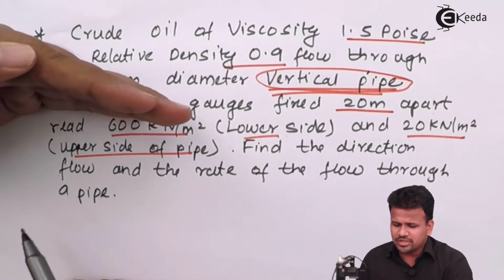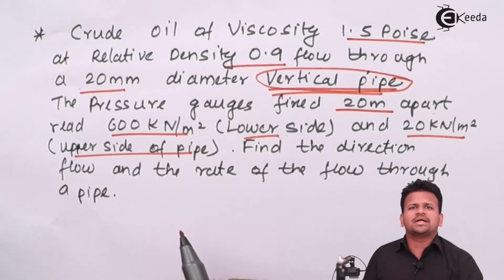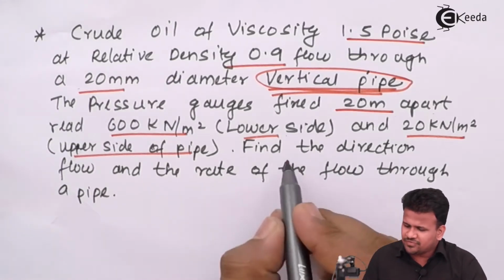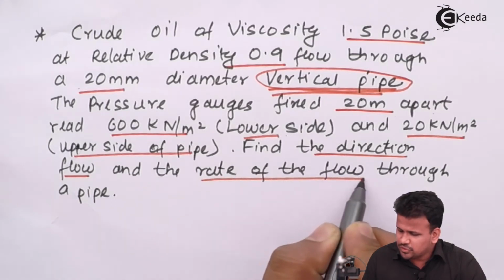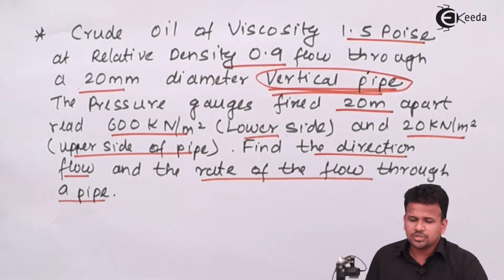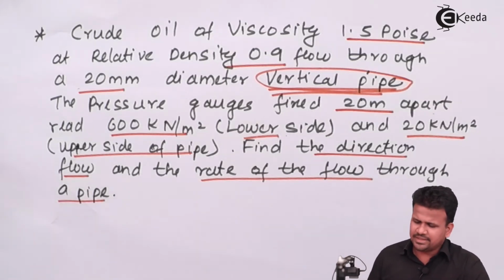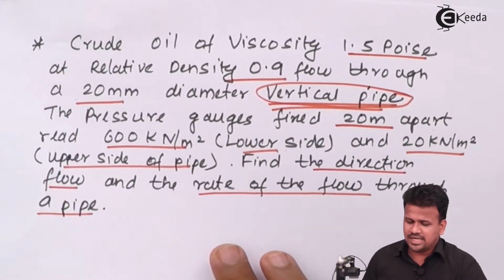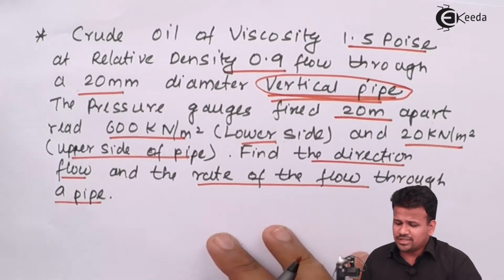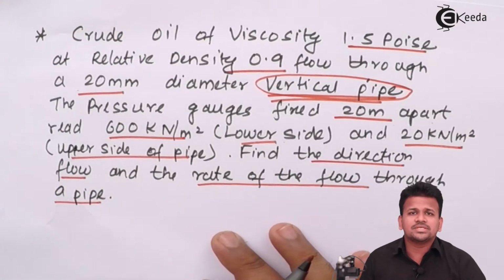So we know the pressure at the higher end and at the lower end. We have to find the direction of the flow and the rate of flow through the pipe, so how much is the amount of flow through the pipe and the direction of the flow. So let us draw the diagram for this entire part, as well as write down all the data which we know in this problem.